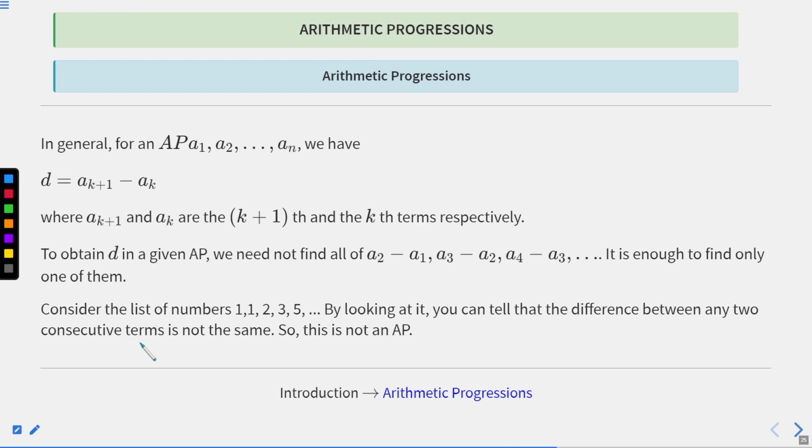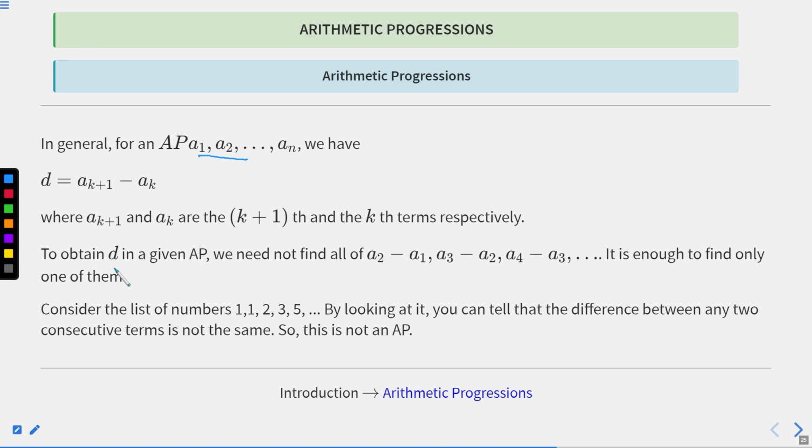Now in general, for an AP A1, A2, A3, ..., An, the common difference D is equal to a(k+1) minus a(k), where a(k+1) and a(k) are the (k+1)th term and kth term respectively.